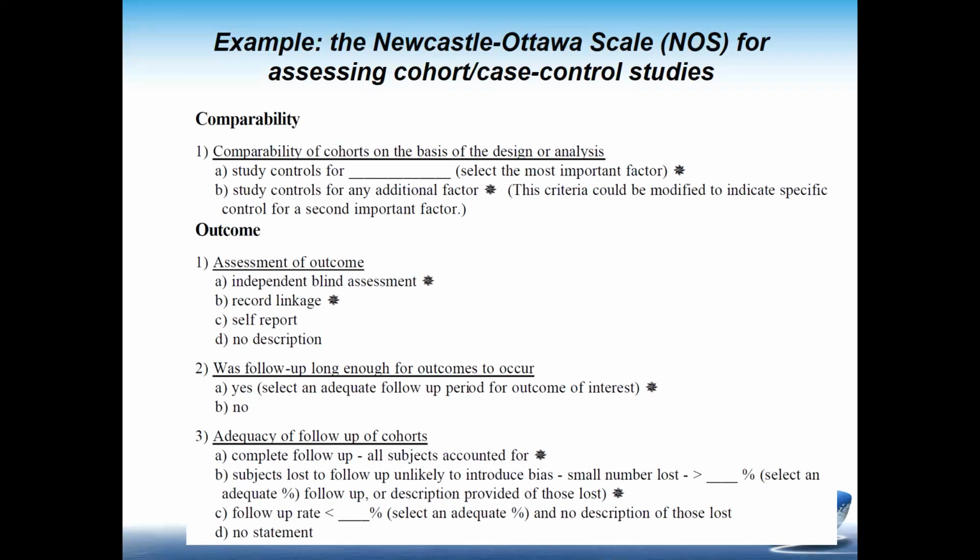If the rate of lost follow-up is lower than 20%, then we will give it a mark. We think it's good. But if the rate of lost follow-up is very high, like 60%, 70%, then the answer is no. The answer is C. Or maybe there is no statement. Okay, something like that.